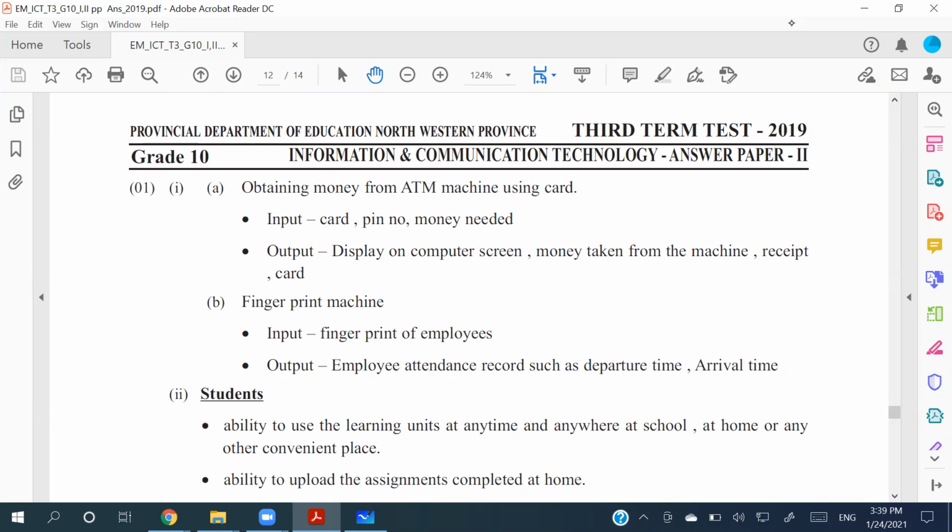And regarding the output, you can say, people, just a second, I have to answer this.